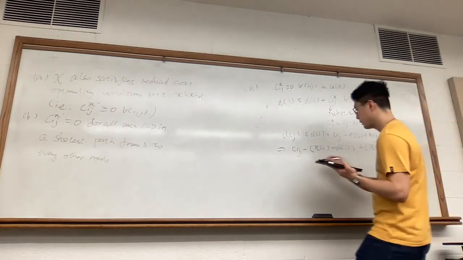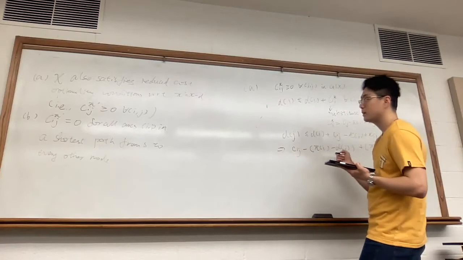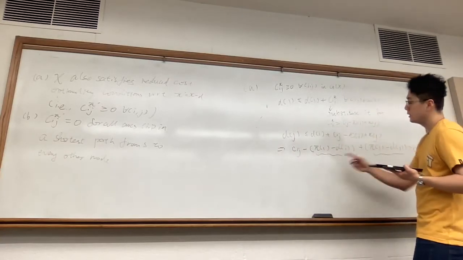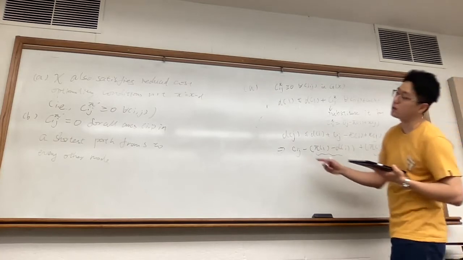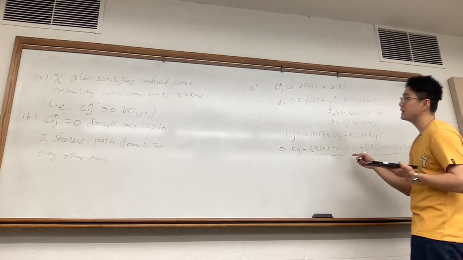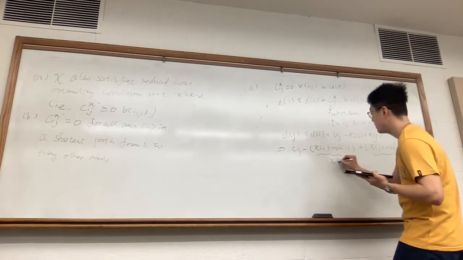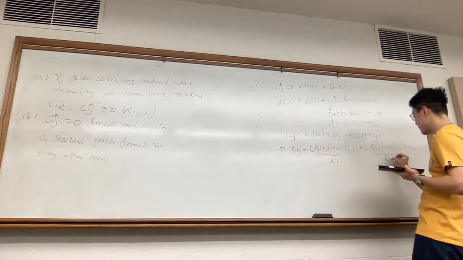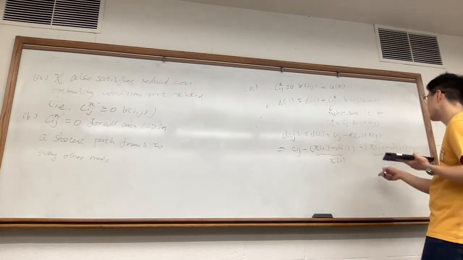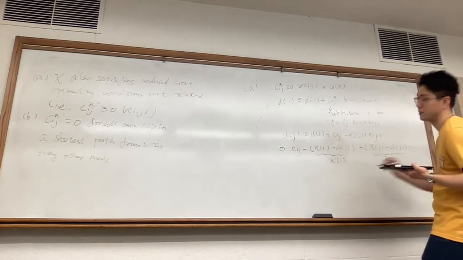And what does this tell us? What are these two? Pi minus d, according to our definition here, is pi prime, right? So pi I minus di is just pi prime I, and this is just pi prime j. So Cij minus pi prime I plus pi prime j is greater than or equal to 0.